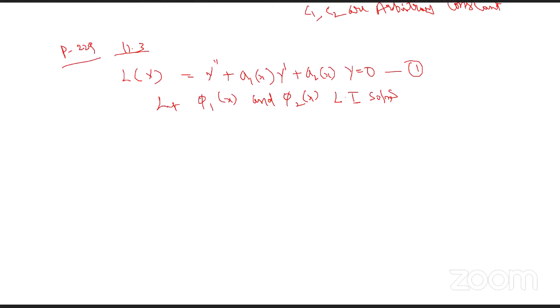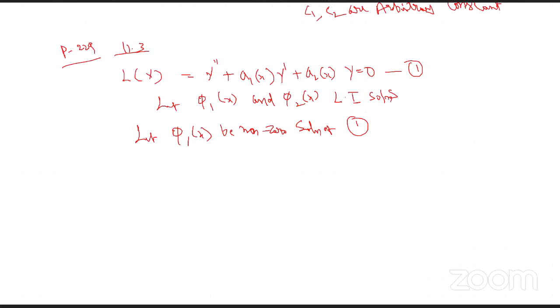So let phi 1 of x be the given non-zero solution of equation number 1. Then we know that C1 phi 1 of x is also a solution, for constant C1.